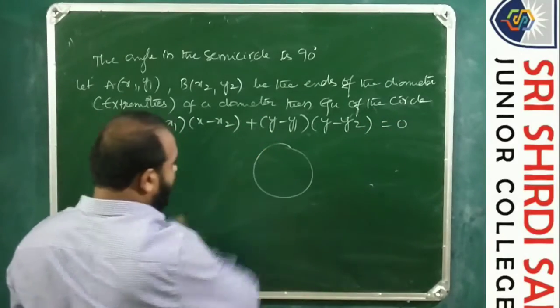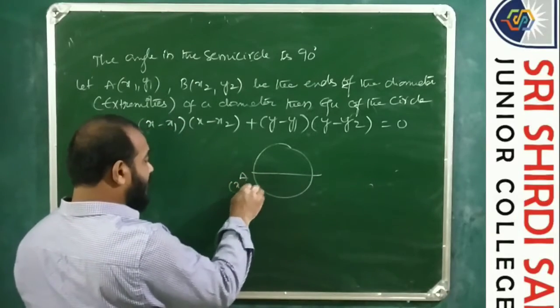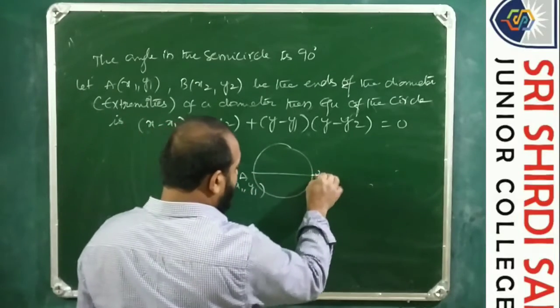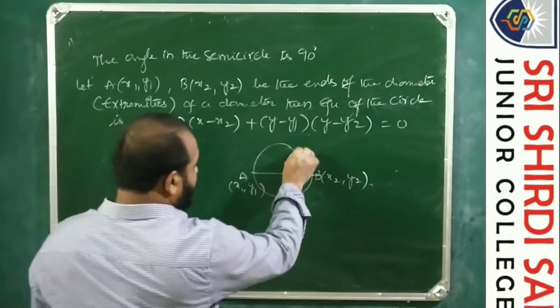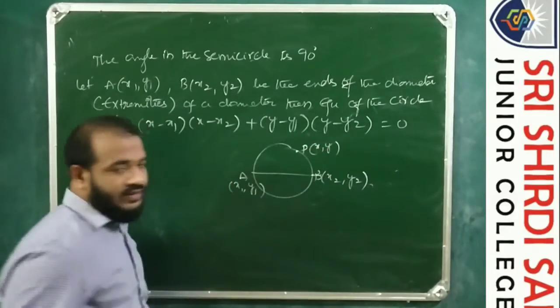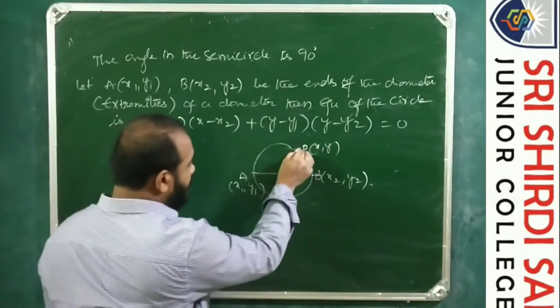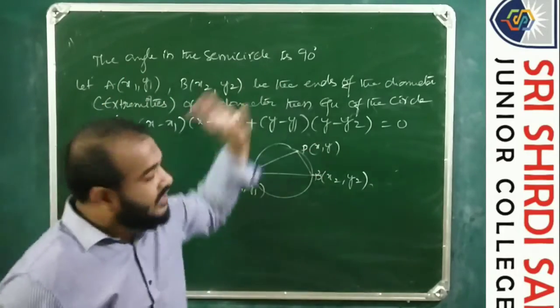Let us suppose that this is the circle, with A(x1, y1) and B(x2, y2) as the ends of the diameter. Let P(x, y) be any point on the circle. We have discussed that the angle in a semicircle is 90 degrees.